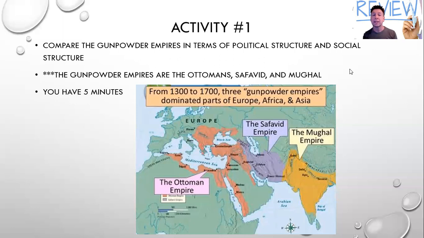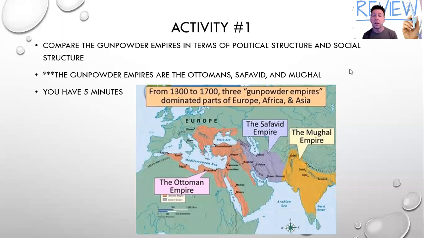So look at those things and then determine what you can think about in terms of similarities and differences. Maybe do a T-chart on your paper and just take 5 minutes and think of everything you can, and how would you compare those different things within these three empires.